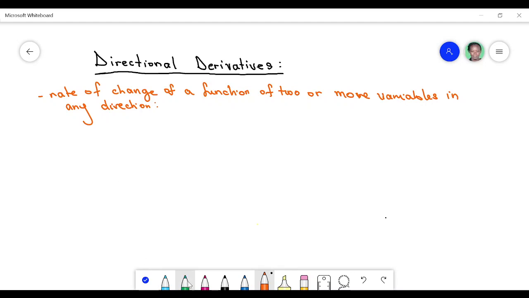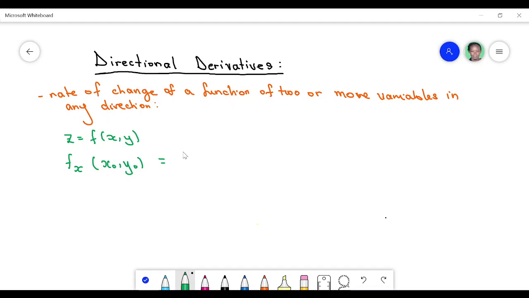You recall in a previous lesson that if you have a function z, which is a function of x and y, we can find the partial derivatives. So we can find f with respect to x at a certain point, x naught, y naught.